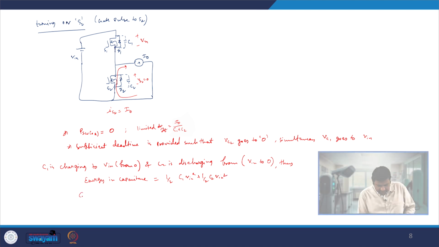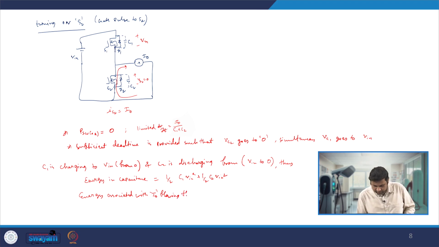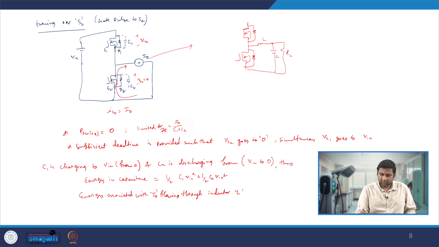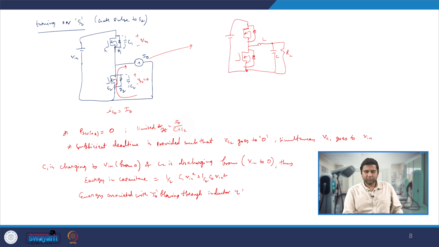And then there is the energy associated with I naught flowing through the inductor L, because generally at the output of this bridge we have L and then some C, R, L, or we can also have a load, or any voltage source or RL, whatever.